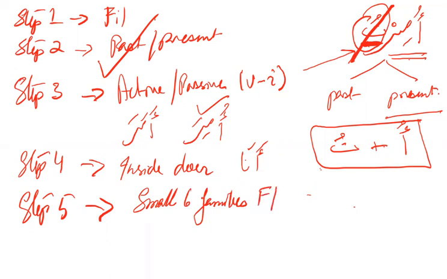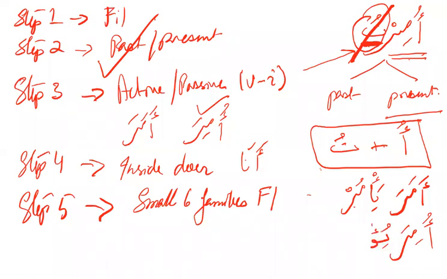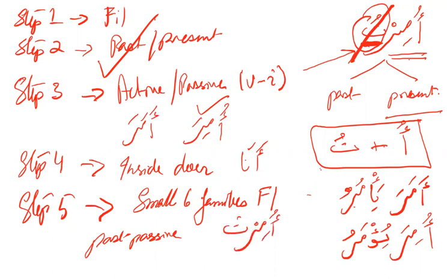So this is the small 6 families, F1. It is amara, ya'muru, umira, yu'maru. So we had the past passive umirtu.